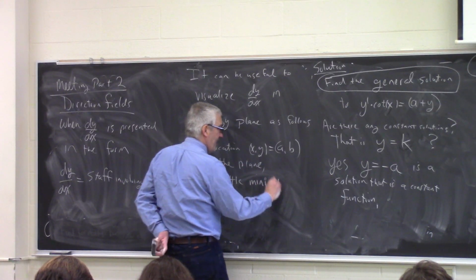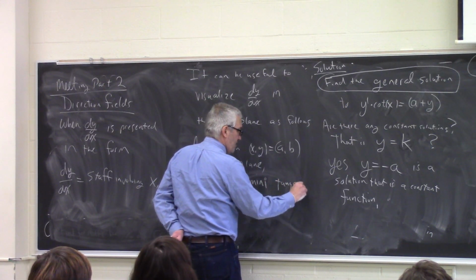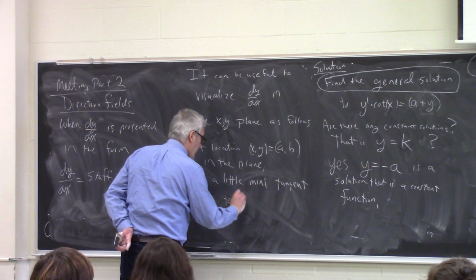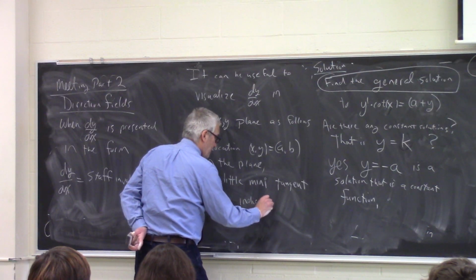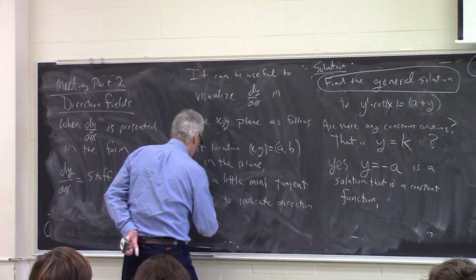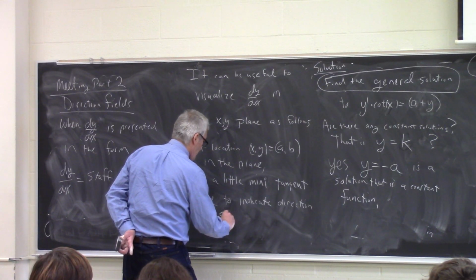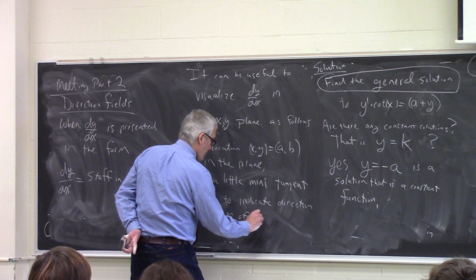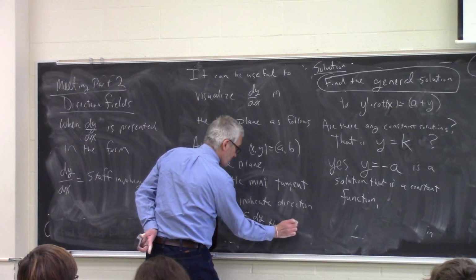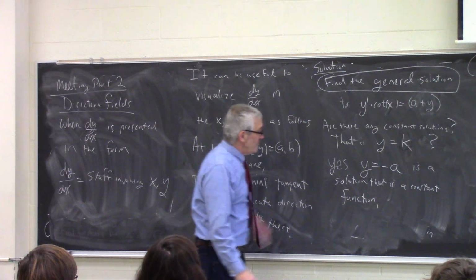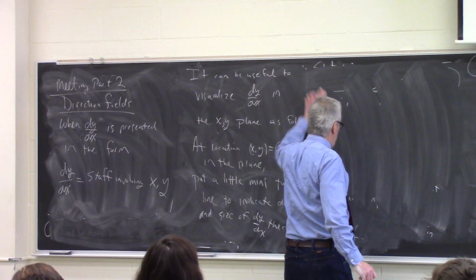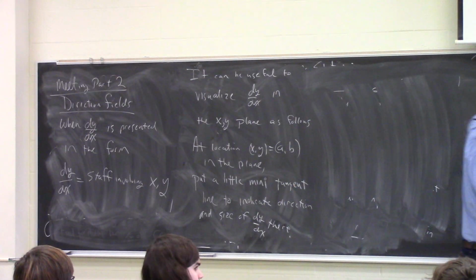This is a little mini tangent line to indicate the direction and size of dy dx there. That sounds really vague, but I'm gonna do this anyway. Just gonna plow right on.